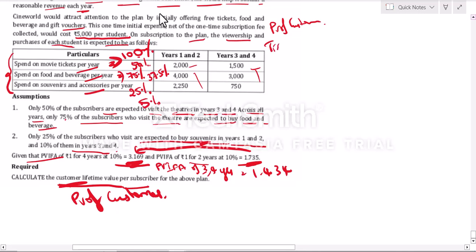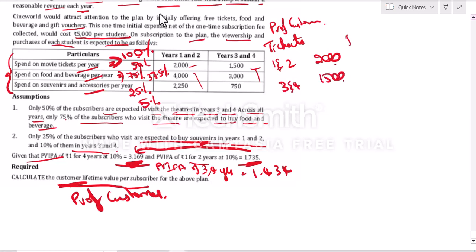For tickets, they will come in the first and second years. How much will they spend? 2,000. For the third and fourth years, they will spend 1,500. And bring it to present value with the annuity factors 1.735 and 1.434.